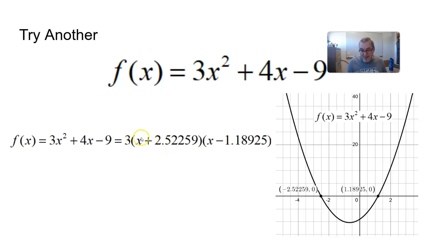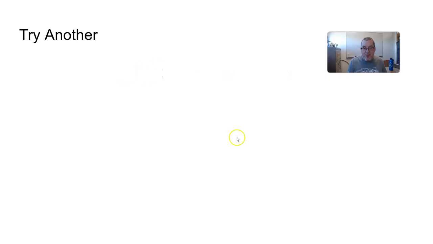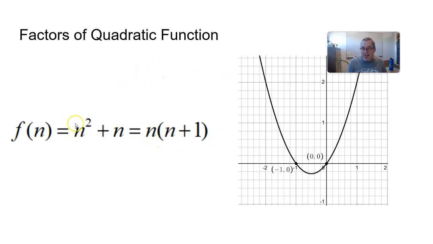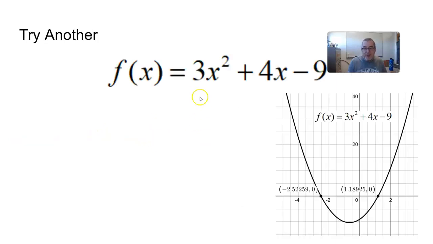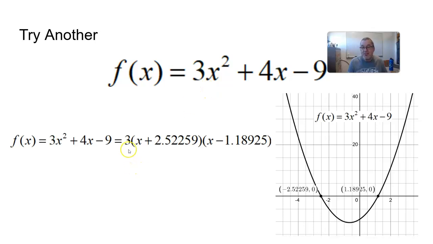Now, remember, in our previous case, our leading coefficient was just a 1. And so we have a leading coefficient of 1 here as well. But in this case, we have a leading coefficient of 3. So I need to continue my leading coefficient of 3. So in factored form, this would be equivalent to this.